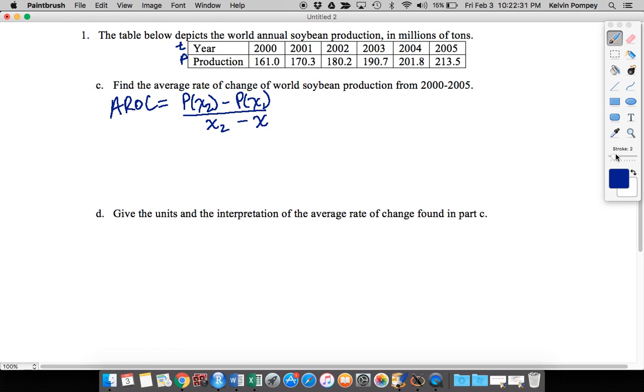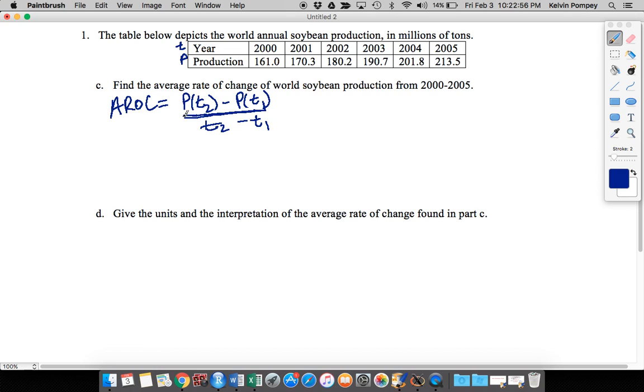And if I want it to be completely correct, I can say P of T2 minus P of T1 over T2 minus T1. And I can just plug these values in.